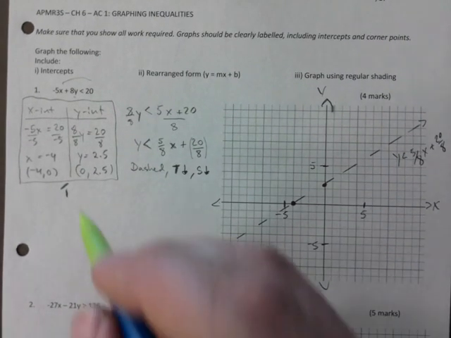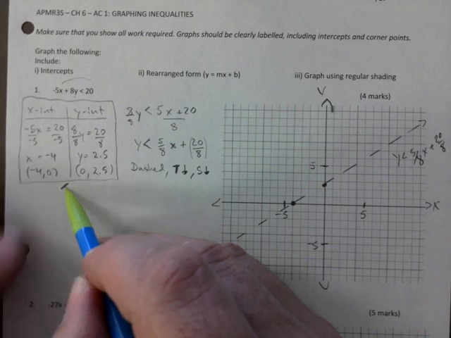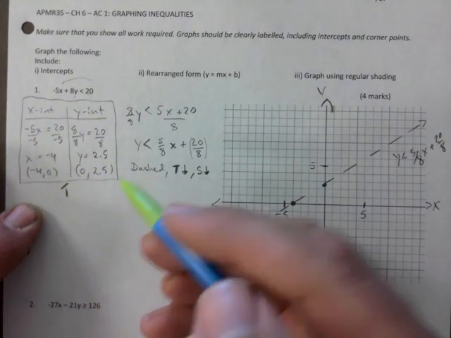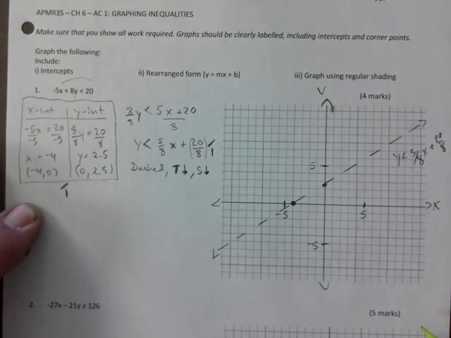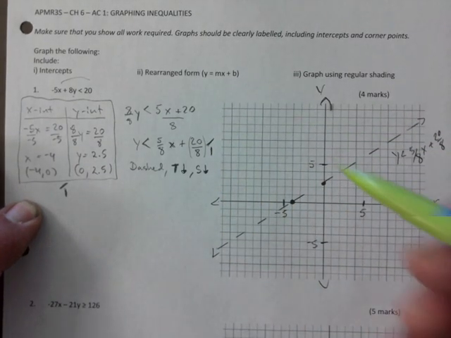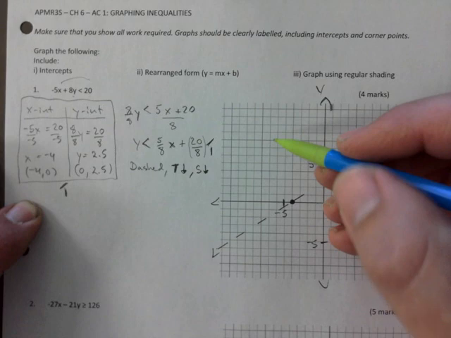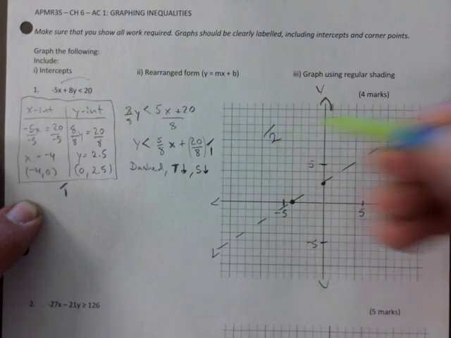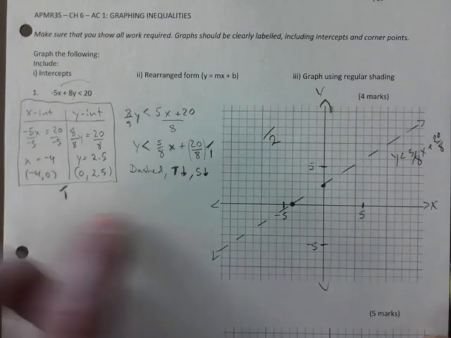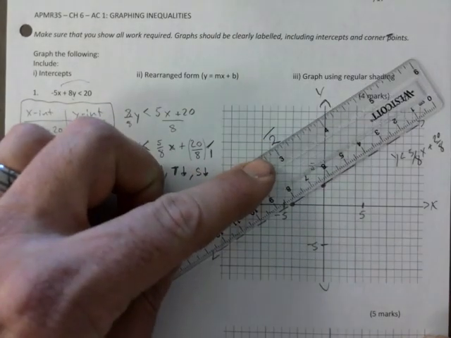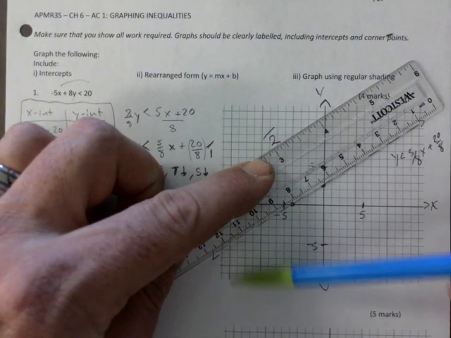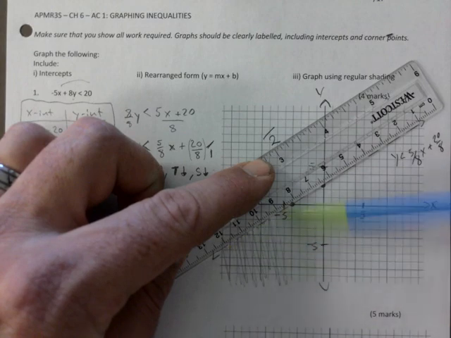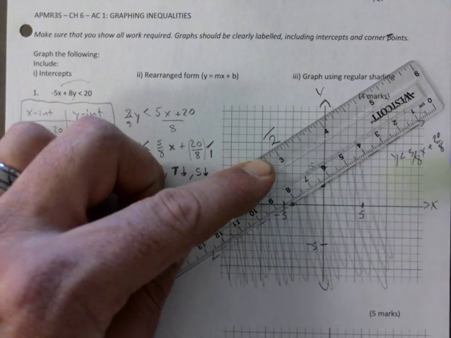So we'll give you 1 mark for this part, x-intercept, y-intercept. 1 mark for rewriting. And 2 marks, oh, I'm not done yet, right? But 2 marks will be given to the graph. I need to shade below the line here. Otherwise, it's not an inequality. But you know what?